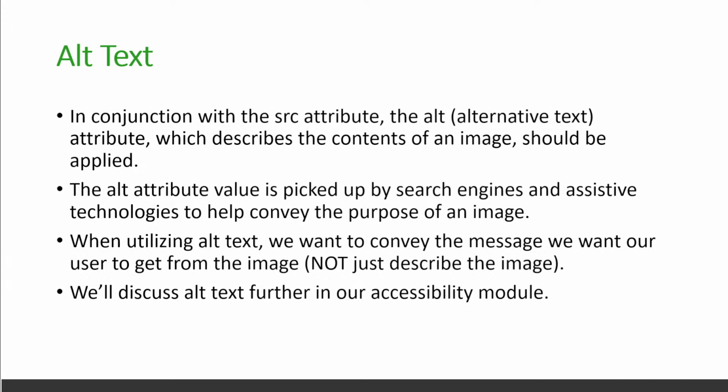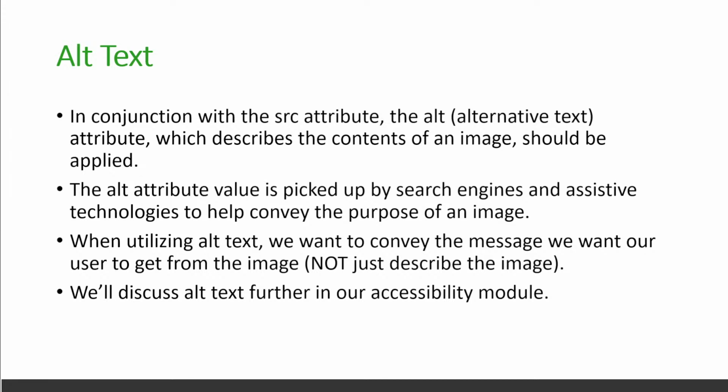So if you are trying to convey information to your users through an image, we use an alt attribute to convey that information to them. It's just alt equals, and then in quotes, the message or information that we want to convey to our users through this image.